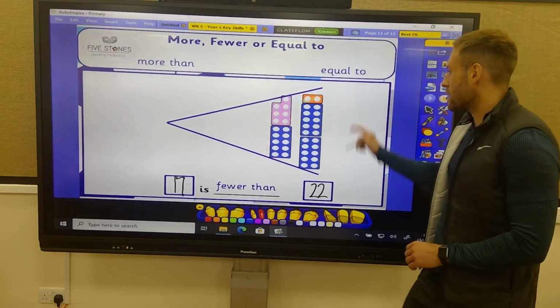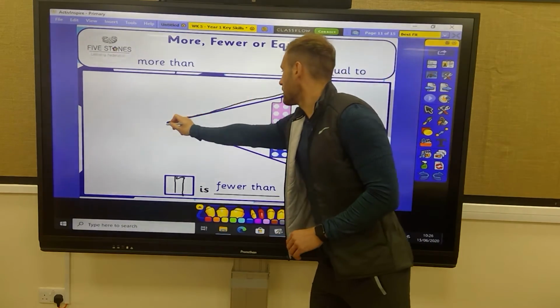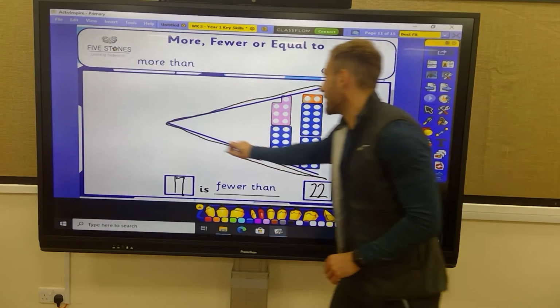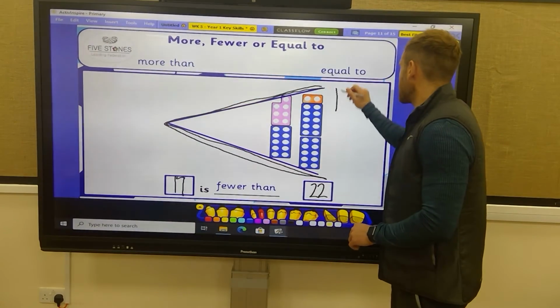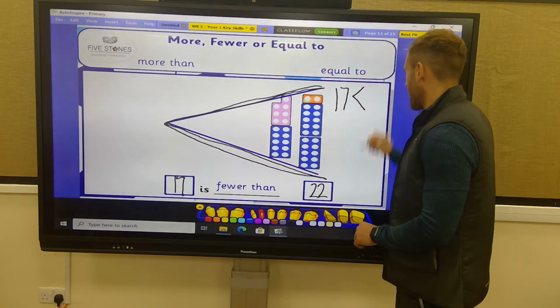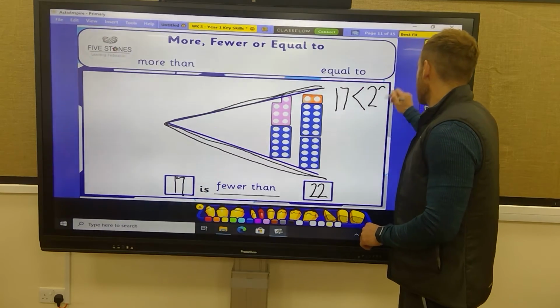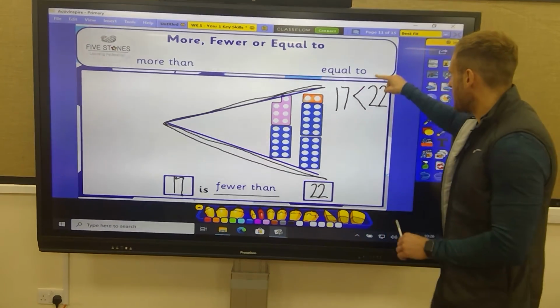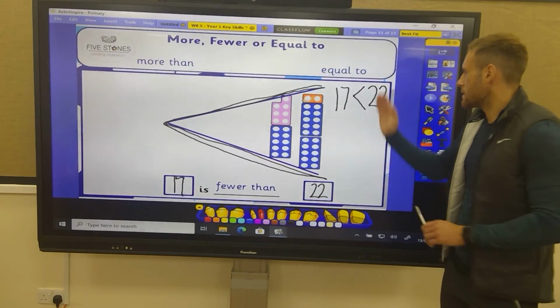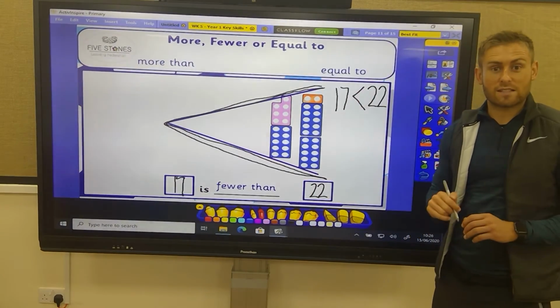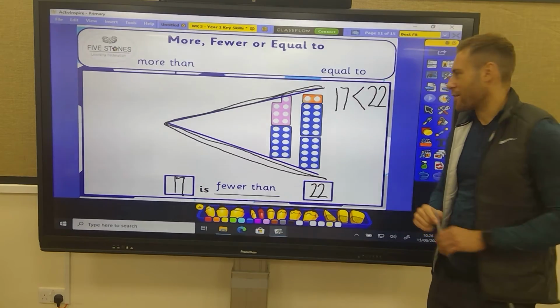So again, we can use this symbol, our fewer than symbol, to write 17 is fewer than 22. And again, the big part of the symbol is facing the big number. The small part of the symbol is facing the smaller number. Great work.